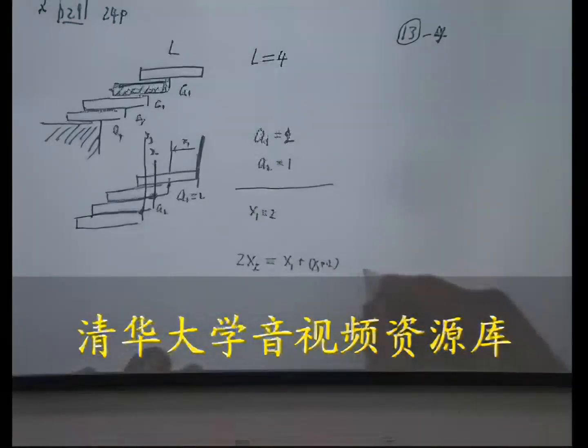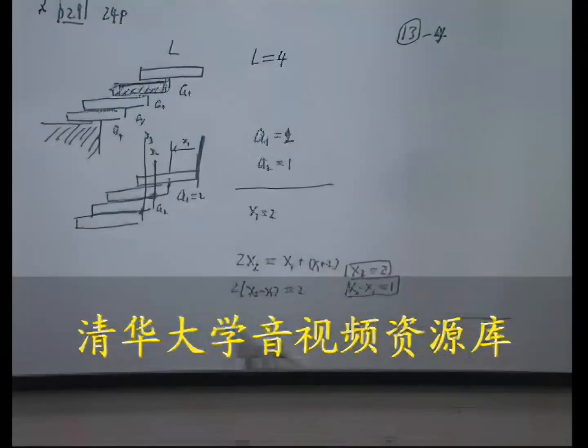So I get 2x2 minus x1 is equal to 2. So x2 minus x1 is equal to 1.